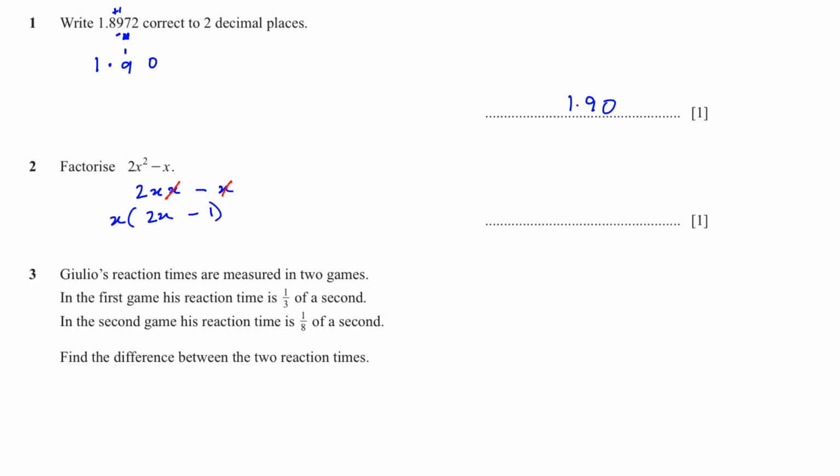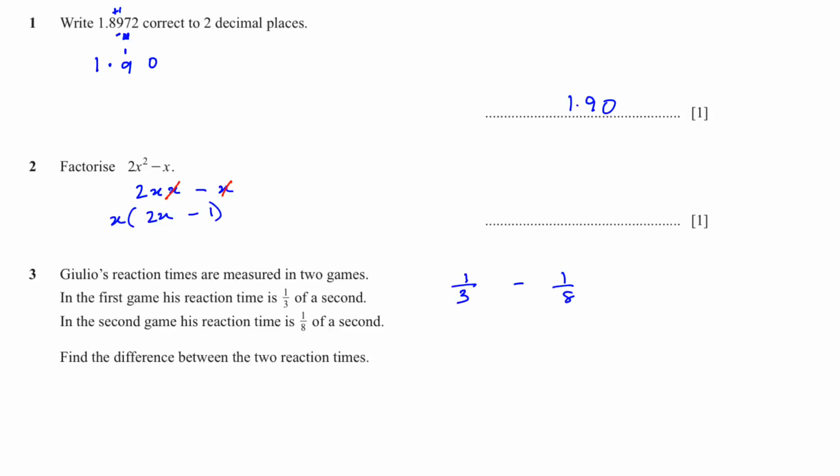Question number 3. Gilio's reaction times are measured in 2 games. First game, his reaction time is 1/3 of a second, and in the second game, his reaction time is 1/8 of a second. Find the difference between the 2 reaction times. So difference means we subtract 1/3 minus 1/8.